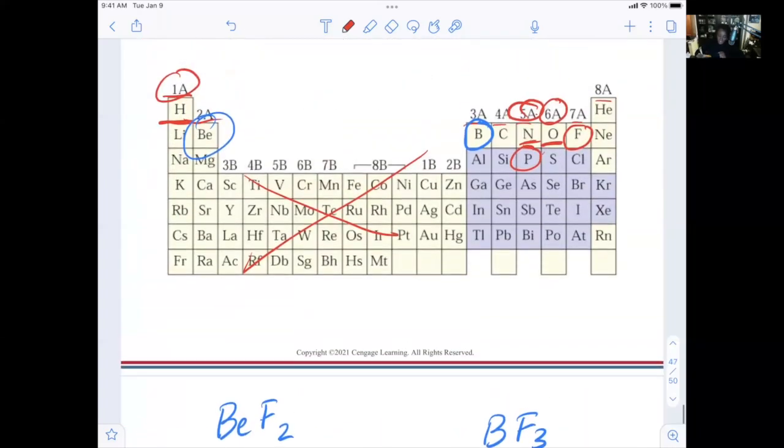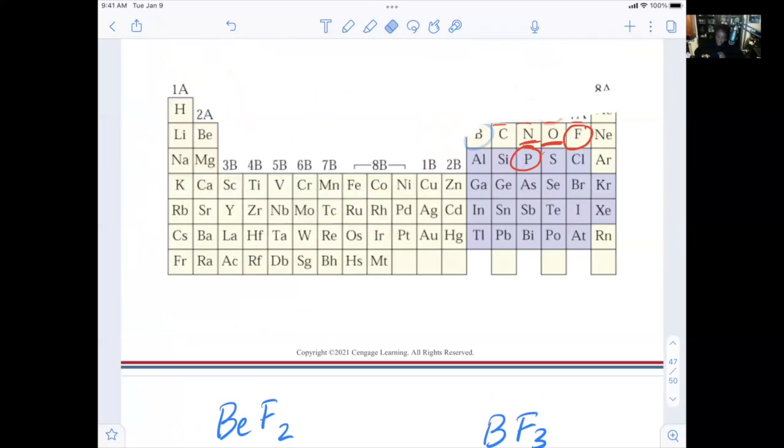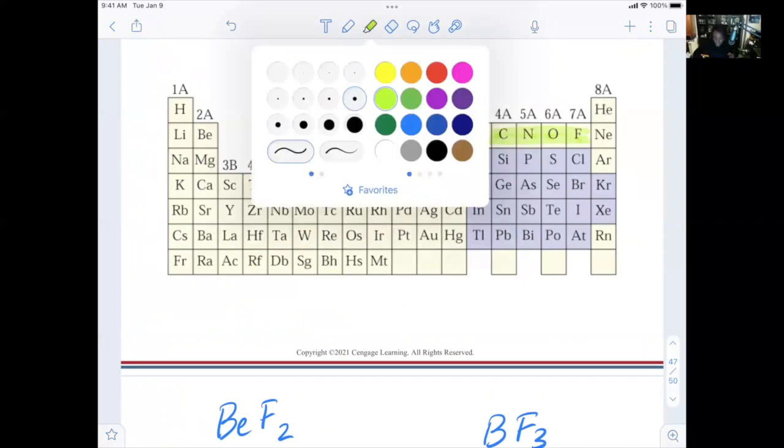So looking at the periodic table, how can we tell which elements do not obey the octet? Let's start with the ones that do. Just a quick summary: the poster elements for octet, SNOF, that group right there, carbon, nitrogen, oxygen, fluorine. Those elements, octet all the way. What about the other ones that do not obey the octet?